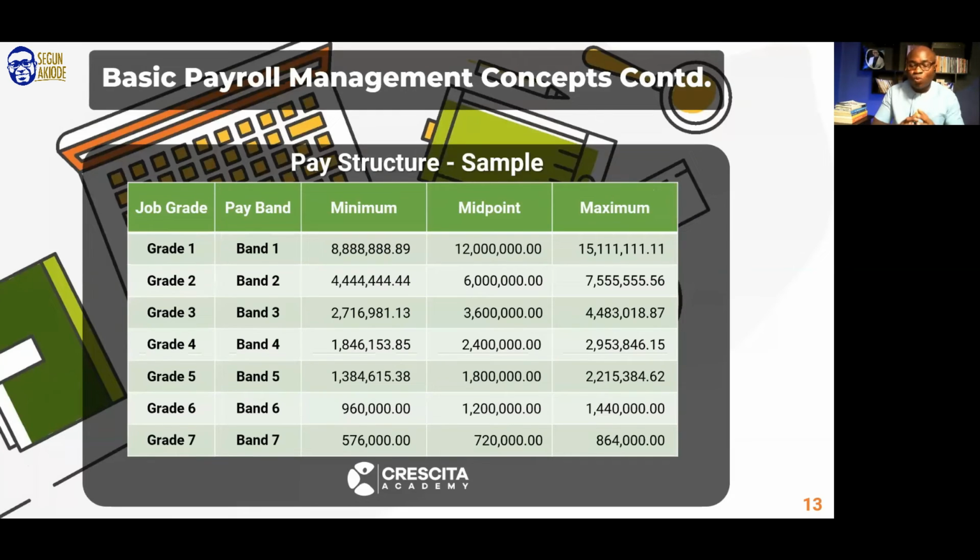So at that point, when we say every job on grade 7, their pay is pay band 7, and the salary is from the minimum pay, the midpoint, and the maximum. At that point, you have defined your pay structure. So your pay structure design tells you, translating for each job grade and pay band, the minimum salary, midpoint, and maximum each of the grades should earn.